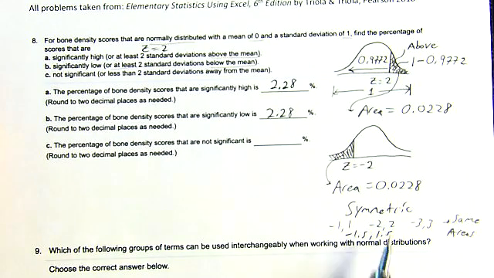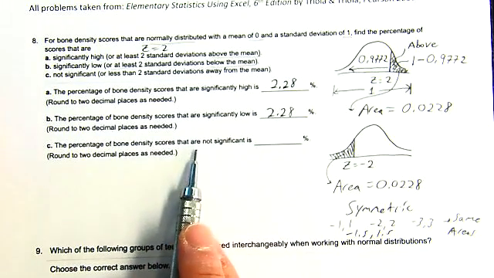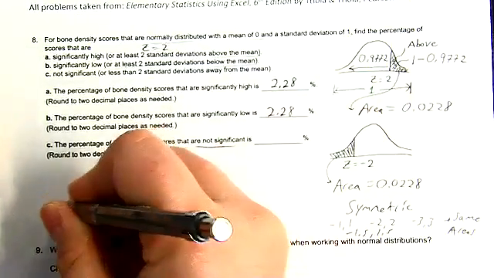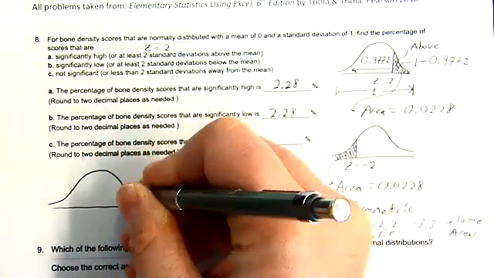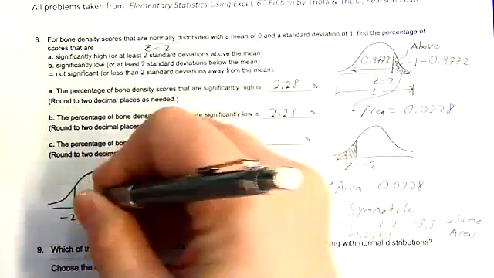So this would be a significantly low bone density score. Now it says, what's the percentage of bone density scores that are not significant? That is asking for the area in between those two values. In this last question, what is this area?